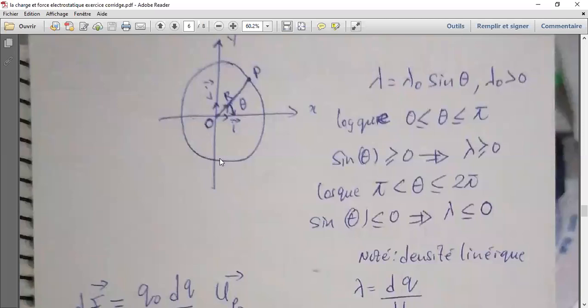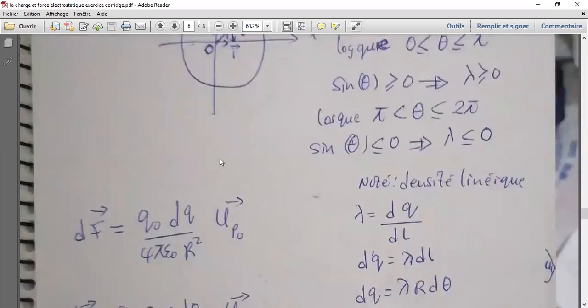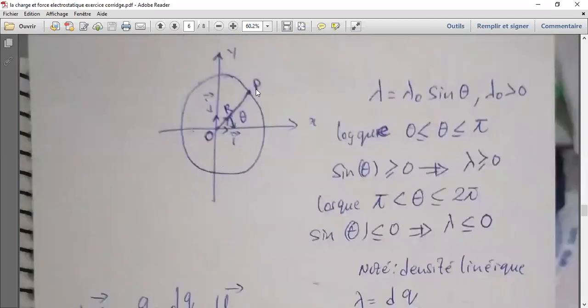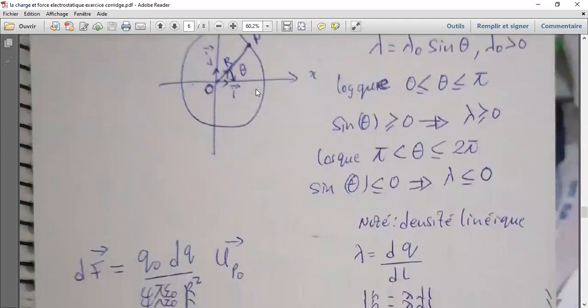So how do you find its force? We know the formula for force. In this case, you write dF because the charge here is a distribution. When you're given a surface density, to find the force you have to do some integration. You have to be good at it, because electricity basically deals with integration.